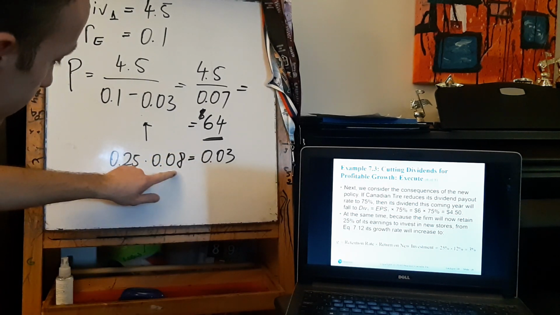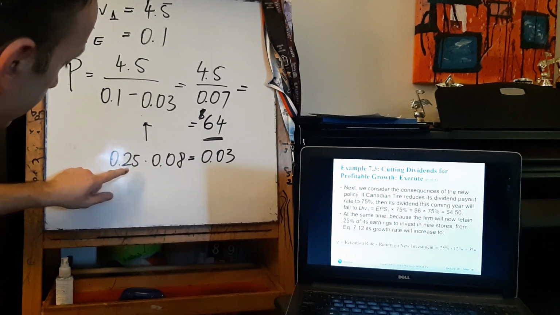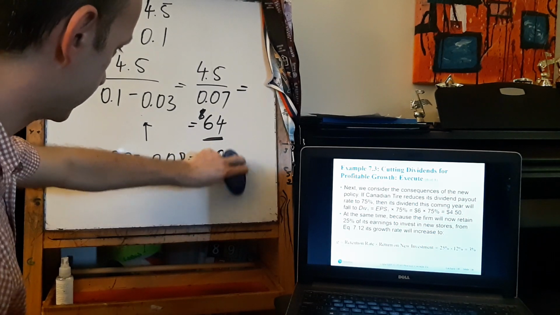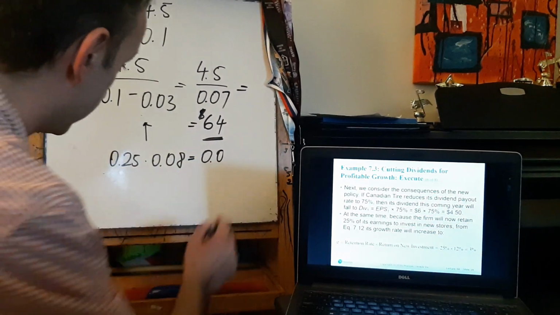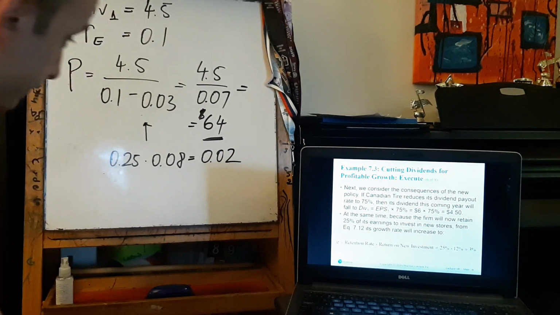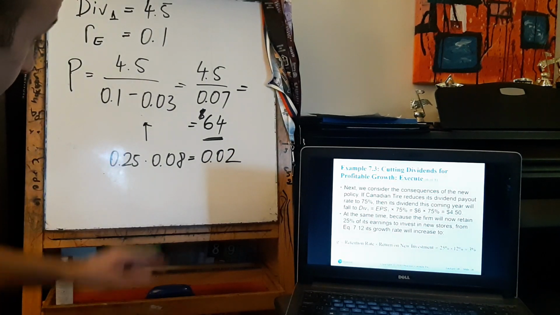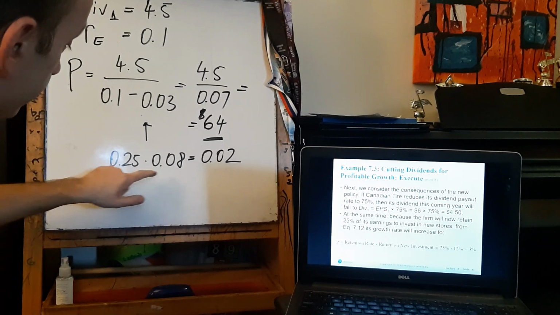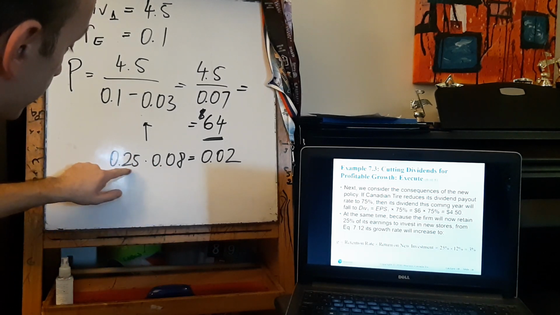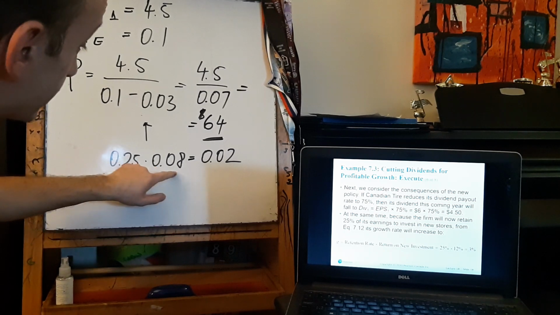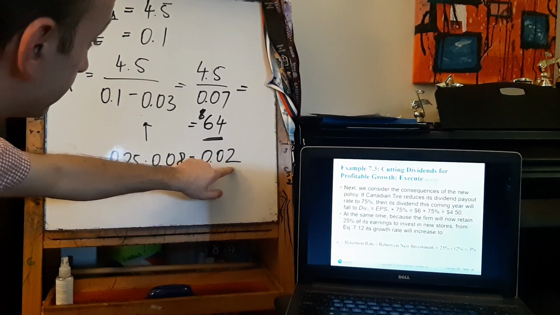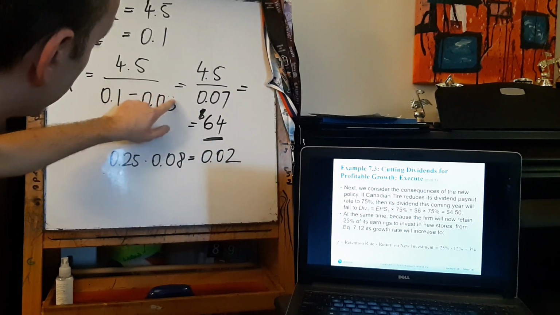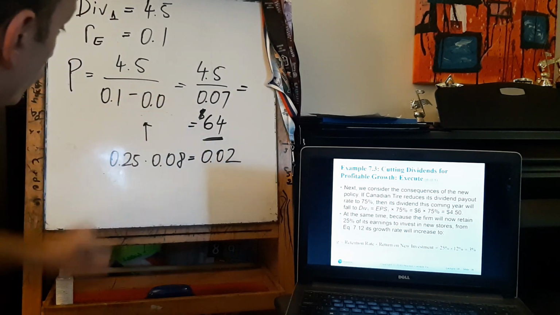So this is a project that has return of 8%, then 0.25 times 0.08 should give us 0.02. So if Canadian Tire invests 25% of their net income into this project, they can expect their net income or their dividends to grow by 2% per year. We can plug that in here, 2% per year.